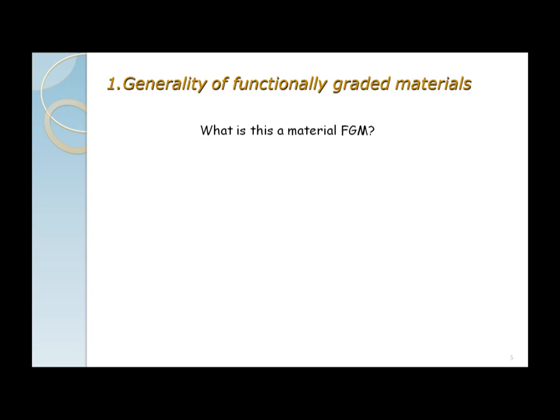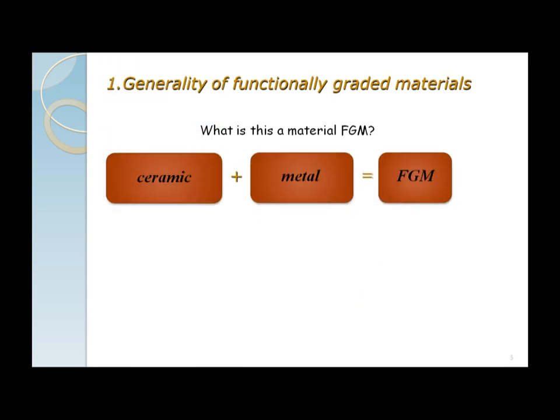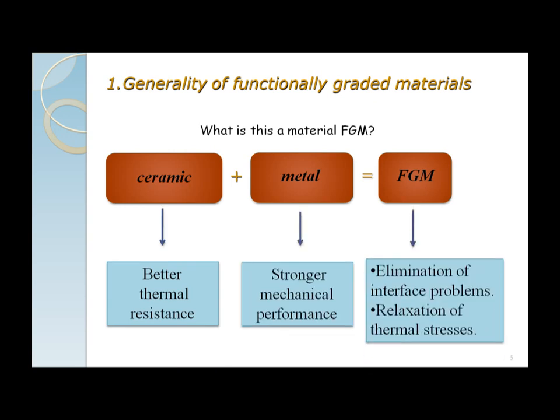What is this material, FGM? FGM is a non-homogeneous composite made from different phases of material, usually ceramic and metals. This is due to the fact that FGM ceramic constituents are able to withstand high temperature environments due to their best thermal resistant characteristics, while metal components offer strong mechanical performance and reduce the possibility of catastrophic failure.